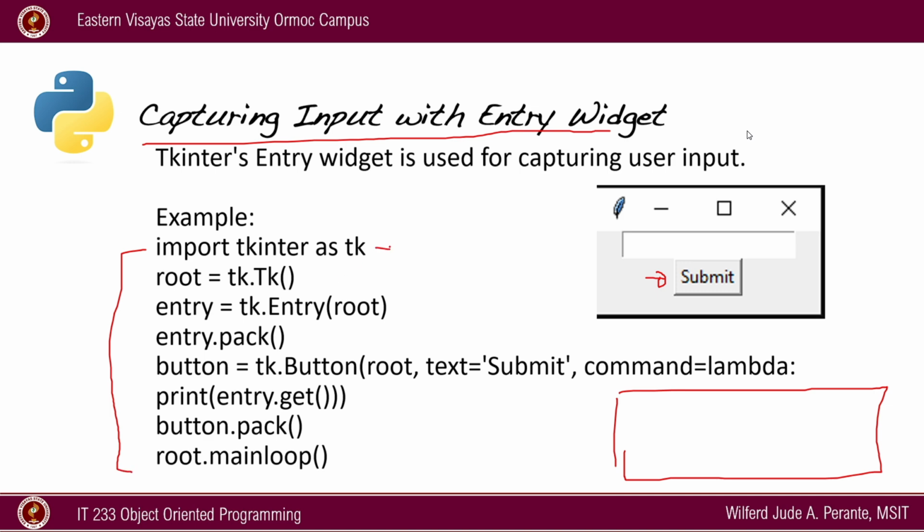So again, we import our Tkinter library, we initialize our main window, and our entry. We create our entry widget and make it visible in our window, and our button. We create our button, tk.Button, and we have a text value of submit, and the command lambda.